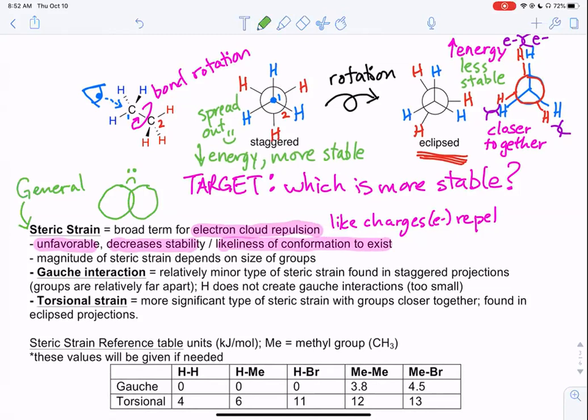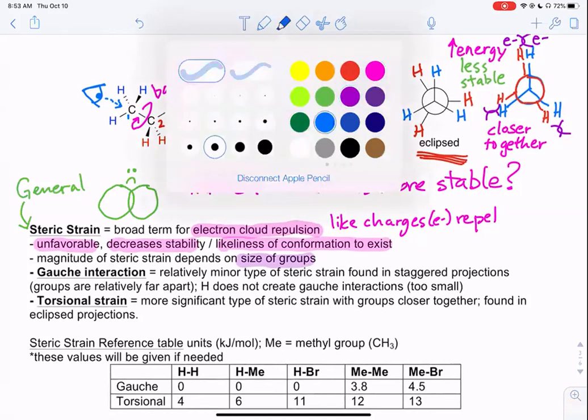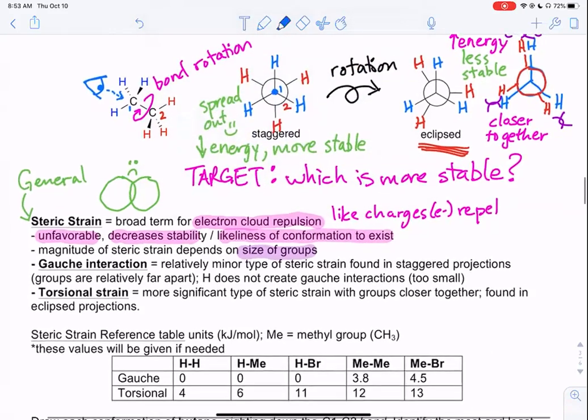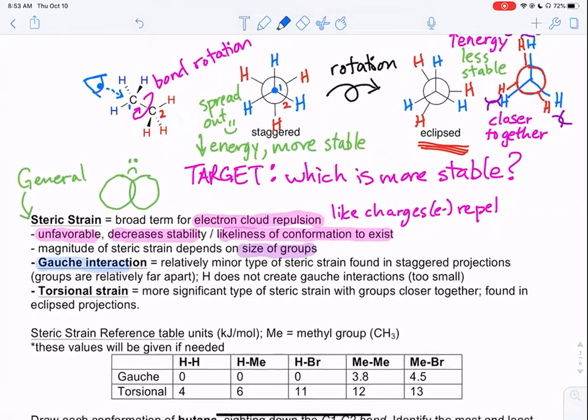And it depends on how big those groups are. The bigger the group, the more strain. We're going to have 2 different types of strain. Specifically for Newman projections, if we are looking at a staggered projection, we're going to be on the lookout for gauche interactions. Gauche interactions happen when we have bigger groups next to each other in a staggered projection.